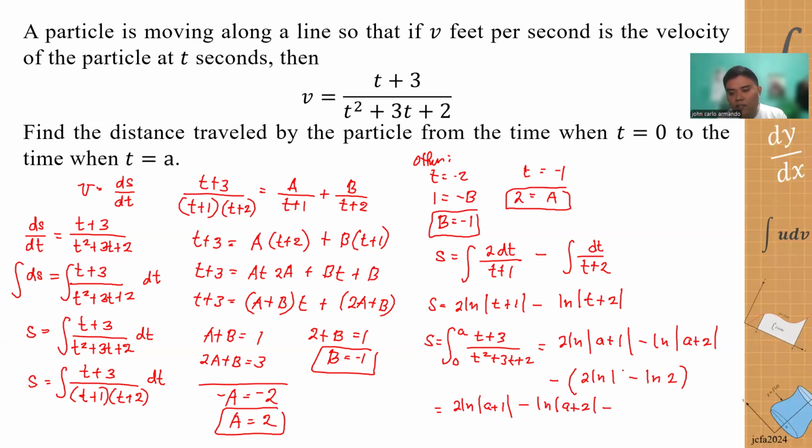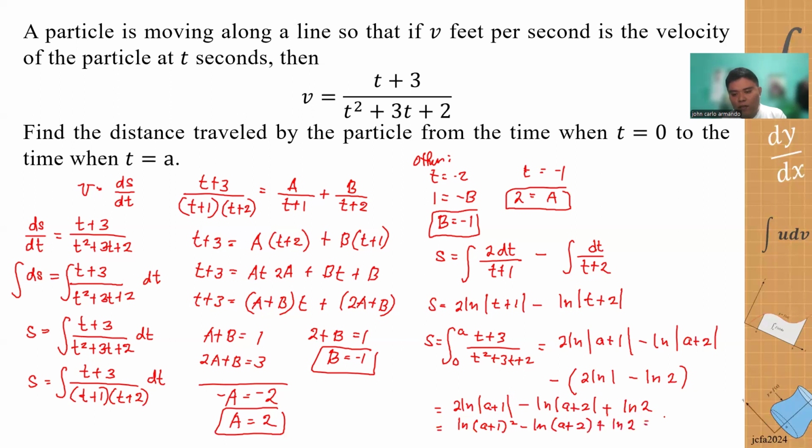ln 1 is 0, so this becomes 0. So negative times negative plus ln of 2. Okay? So that's the answer. But we can simplify this. So 2 becomes the exponent. So that's ln of a plus 1 squared minus ln a plus 2 plus ln 2.